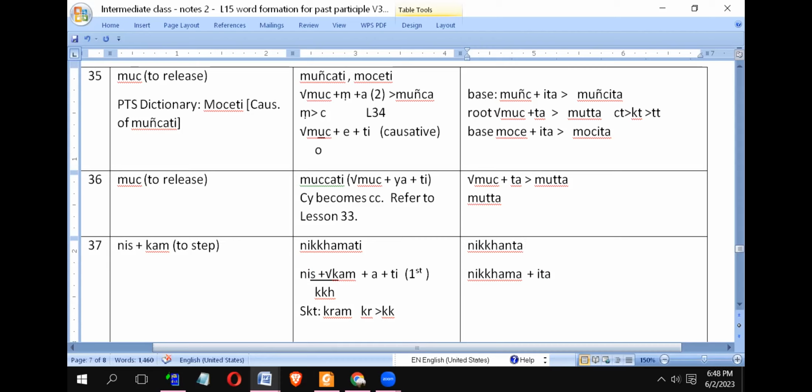Nikama. Then the A must change to N. Somehow. Yes, change to N. Then Nikanta.